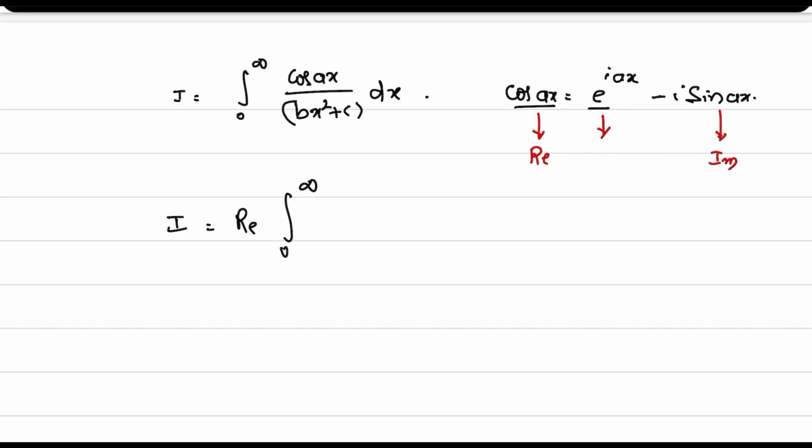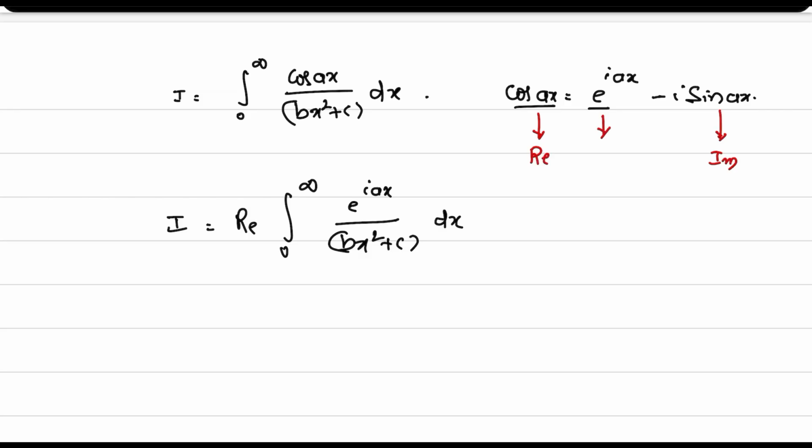Whenever you take only the real values, you can neglect the imaginary part. So the real part of the integral from 0 to infinity, where we are replacing cos ax with e to the power of iax, by bx square plus c, when we are integrating only the real part of the complex number. Then the integral of cos ax by bx square plus c dx becomes the integral of e to the power of iax by bx square plus c from 0 to infinity.